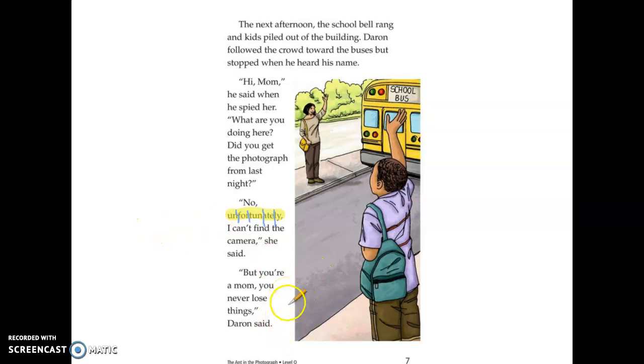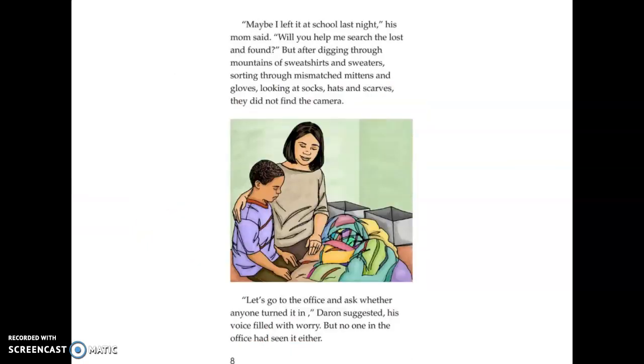Let's look at a different word. The next word I want to look at is mismatched. Here is a word that has a prefix and a suffix.